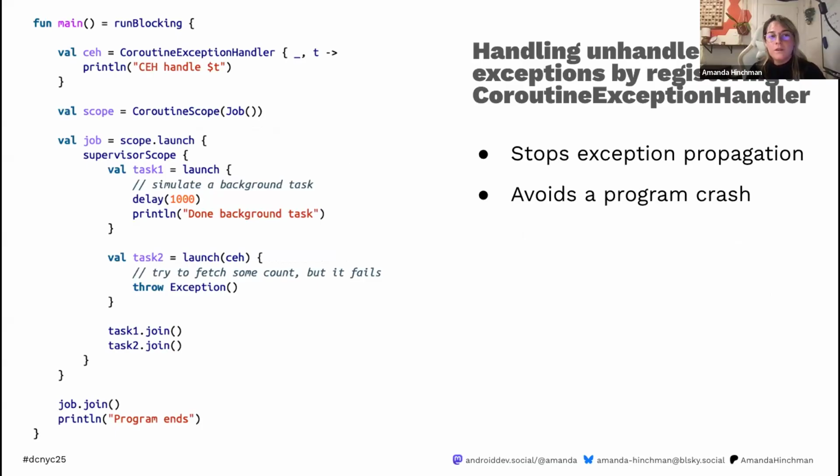This will stop that exception propagation where things travel all the way up and trash the whole thing, and you can avoid a program crash that way. So I would look at registering a CEH, kind of like your last chance to handle that unhandled exception. The coroutine exception handler is conceptually very similar to a thread uncaught exception handler, but intended for coroutines.